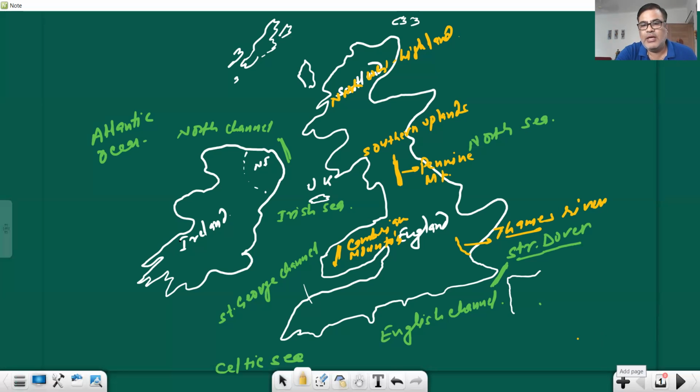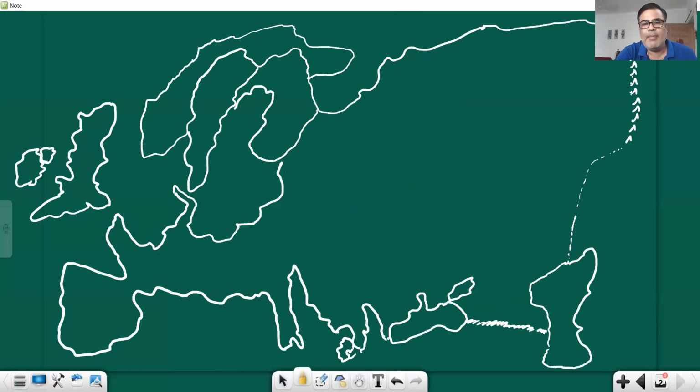Now come to the next one, and that is the map of Europe. Here we have already seen England, Scotland, and Northern Ireland. Now this is Norway. This is Sweden. This is Finland, and this is Russia.